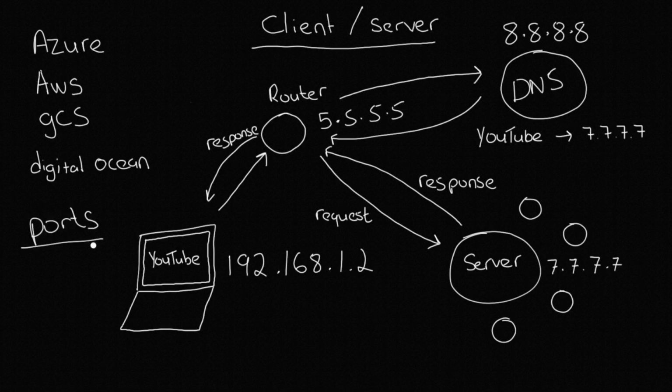Another thing that you want to keep in mind is ports. When you go to youtube.com, you don't put any port number at the end of it. You just type in youtube.com. This is because all web traffic is by default sent to port 80, so your web server would be running on port 80.